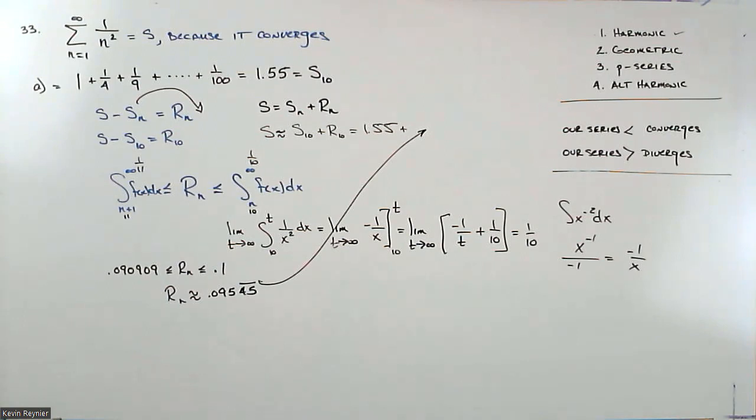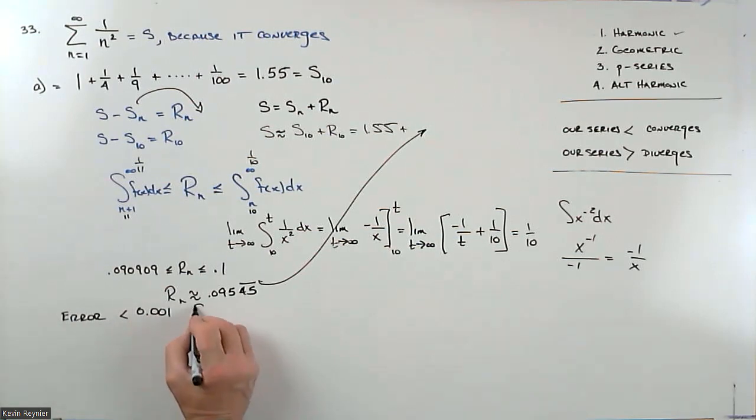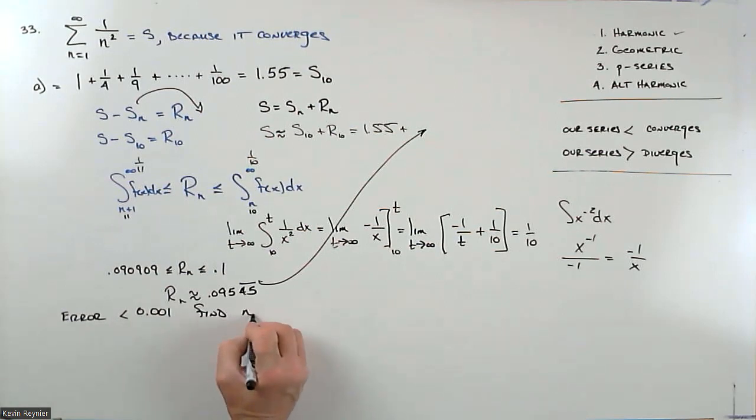Now, part B is just doing the same thing again. Part C says find a value of n that will ensure the error in your estimate is less than a given amount. So we want our error to be less than 0.001. They want us to find n, right?